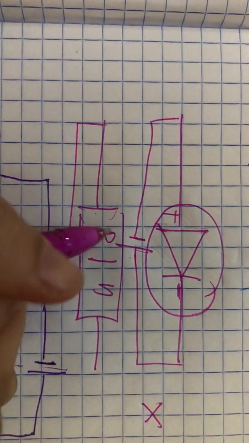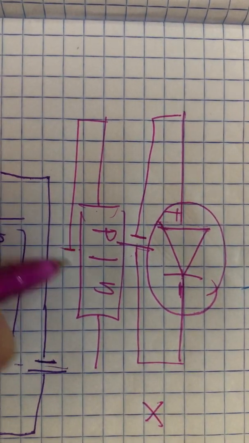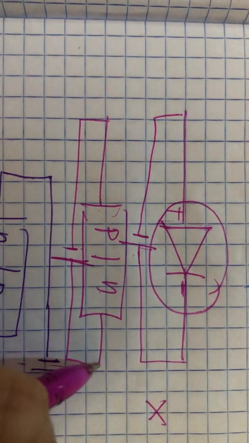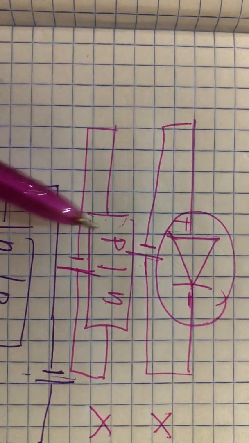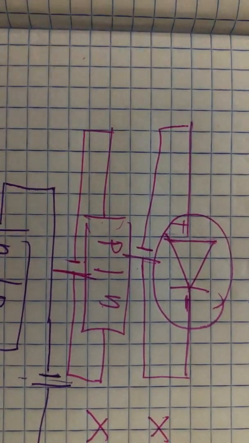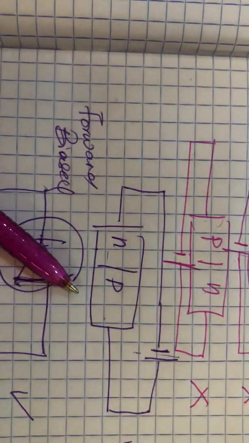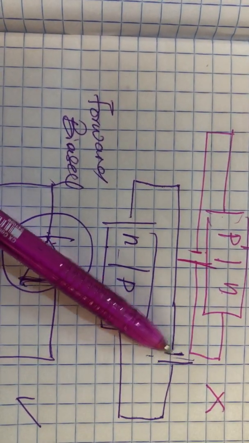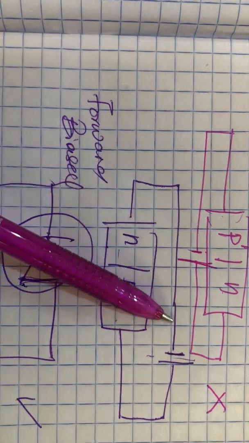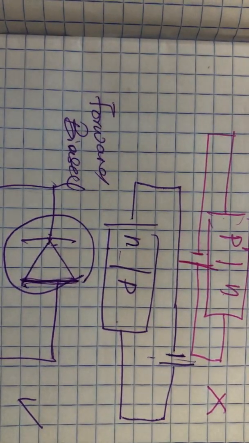Okay, so positive I connect to negative, negative I connect to positive. This is the wrong way of connection. So in the exam, make sure that you connect it correctly: P must be connected to the positive terminal of the battery, and N must be connected to the negative terminal of the battery. That is the proper way of connection.